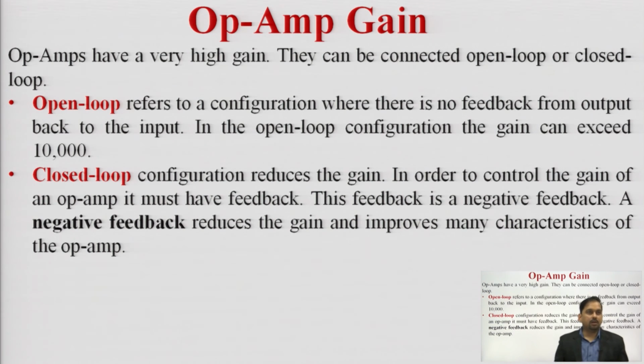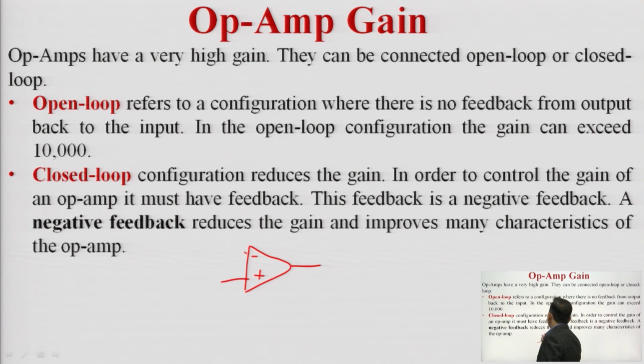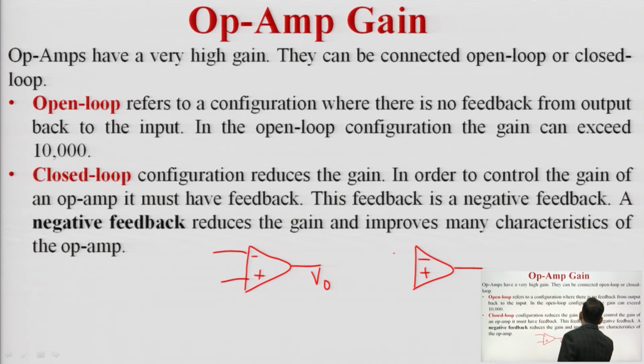After that, we have said that the op-amp can be used in open loop configuration and in closed loop configuration. What does this stand for? If we are not utilizing feedback, let us say this is the output, and we are not using some feedback configuration, then it is referred to as the open loop.